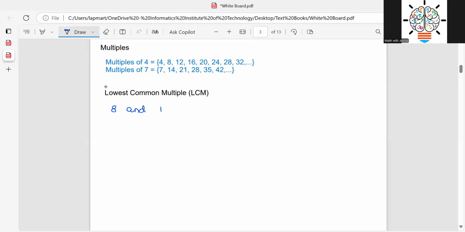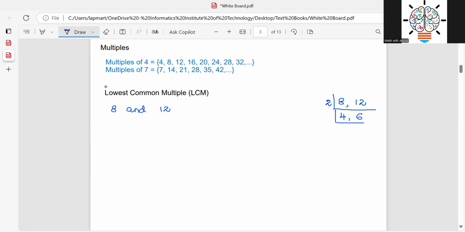When you have 2 or 3 numbers like this, you go to the working column and start dividing them by the prime numbers, starting from the lowest possible prime number. So I start from 2: 2 times 4, 2 times 6.